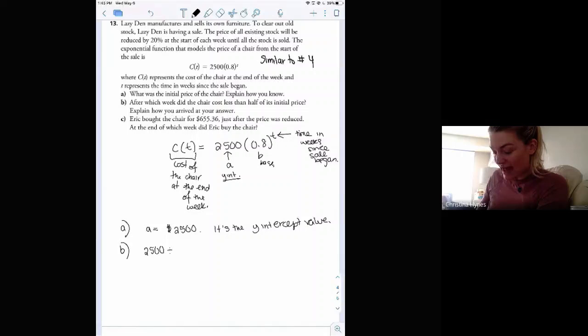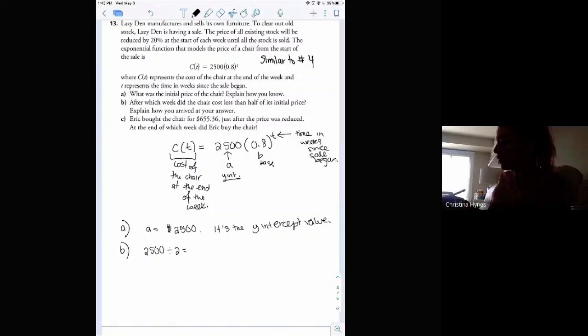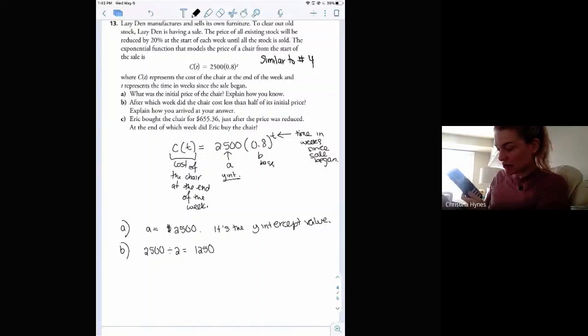So you want to start with half by dividing this number by 2. All you're doing is dividing 2,500 by 2, and you get $1,250. So that is what you're putting into your C of t. This is your new cost, 1,250. So you're trying to find out when it is half of its initial.